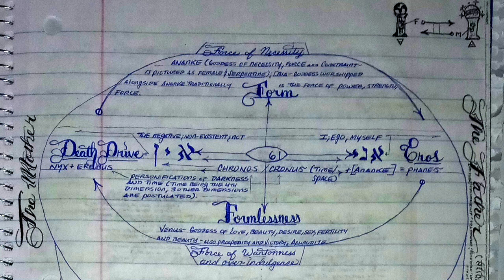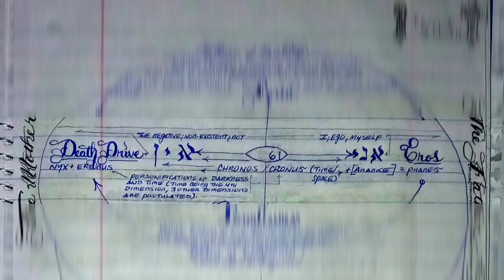Now, as this form comes from nothingness via the force of necessity, we get into the side of the map here that says Eros or Phanes, right? Now, you see these lines on this diagram here. From the negative, non-existent, or not, we get I, ego, or myself.